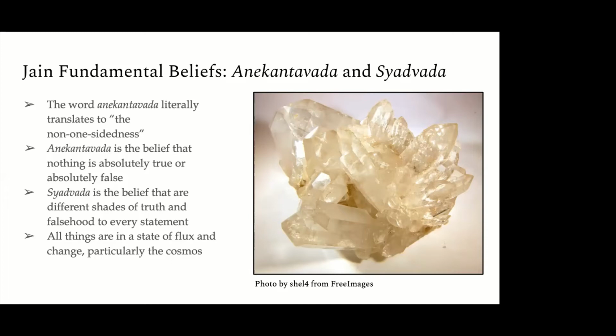That statements can be a blend of true and false at the same time, and that this does not conflict with the nature of the universe. This means that all things are in a state of change at all times, particularly the universe and the gods.